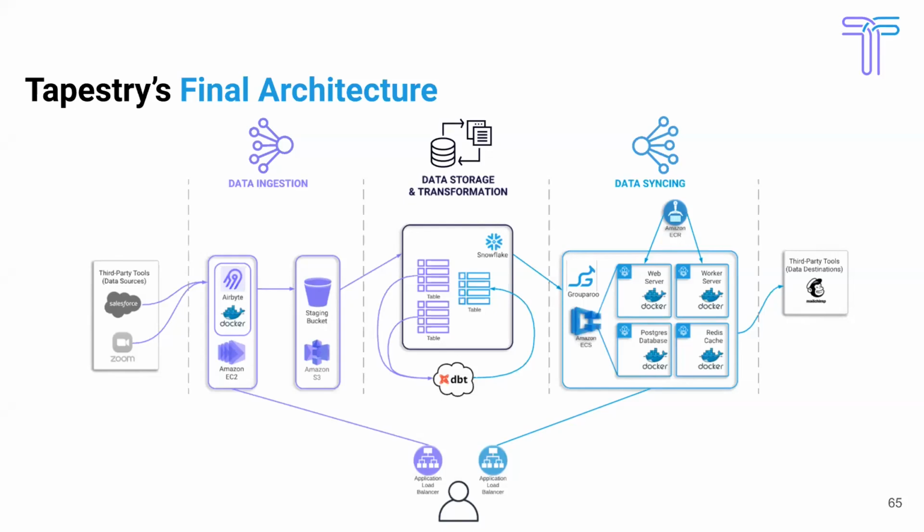I would say that my favorite part was after we had chosen our data ingestion and data syncing tools, figuring out how they worked. Specifically with Grouperoo, our data syncing tool, it was a bit tricky to figure out how the mapping worked from tables in Snowflake into MailChimp.